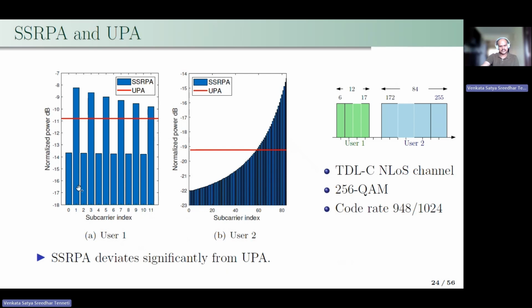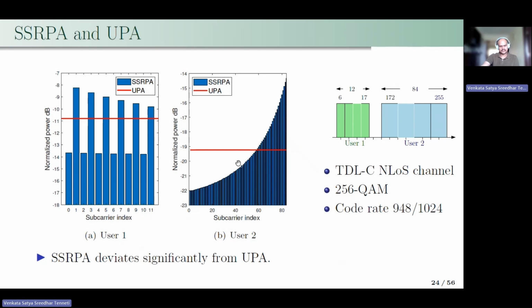As you can see here, the SSRPA deviates significantly from the uniform power allocation. We can also see the oscillatory nature of the power allocation for user 1 and the monotonic nature of the power allocation for user 2.